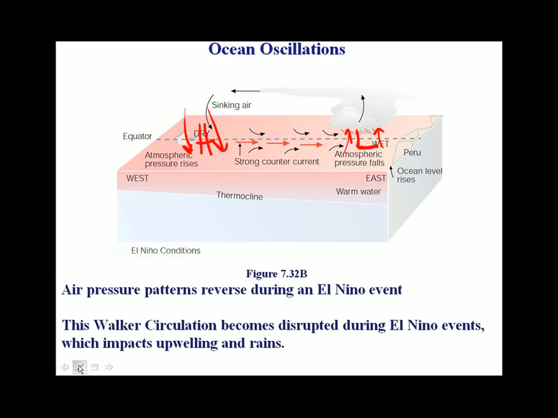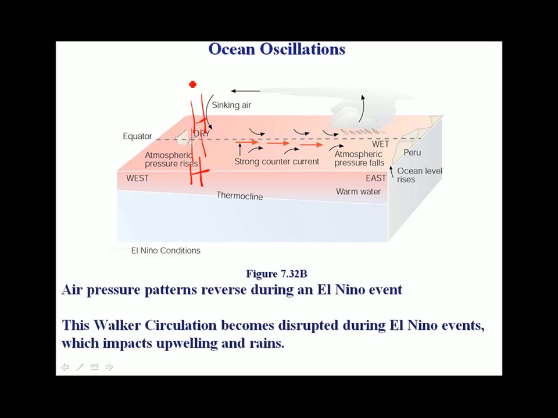Now we also notice there's actually a lot going on here. Let me erase this. We also notice that the water in the ocean is beginning to move from west to east. And the reason is because of high pressure here, high pressure here.